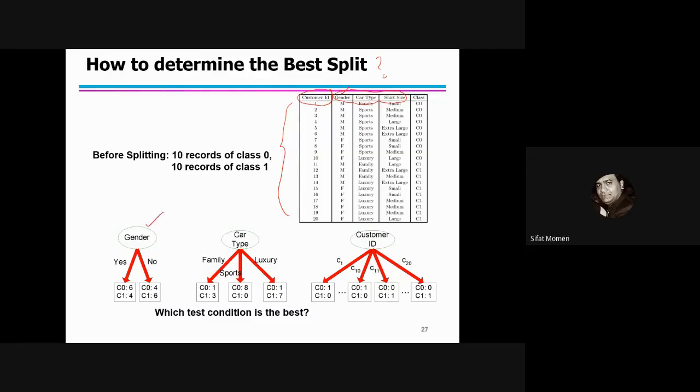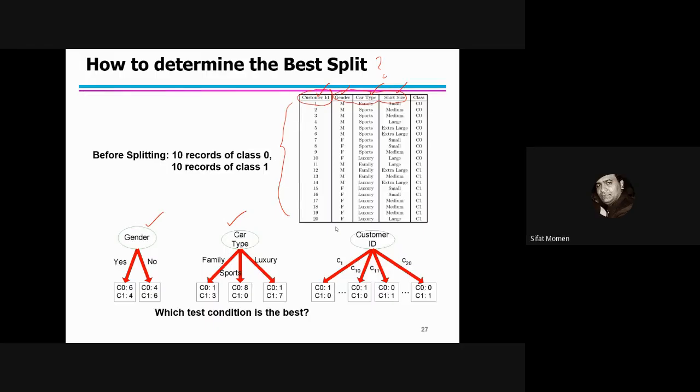I could split using card type, or I could split using shirt size. If you want to incorporate customer ID, you can do that as well. So there are many attributes by which we can split. Clear, Nakina?